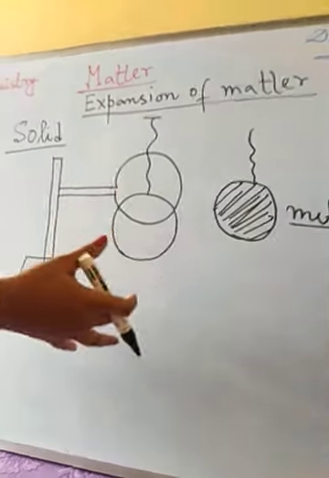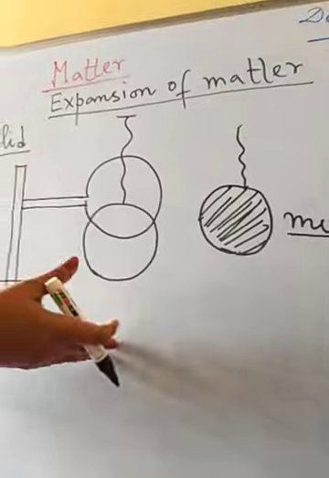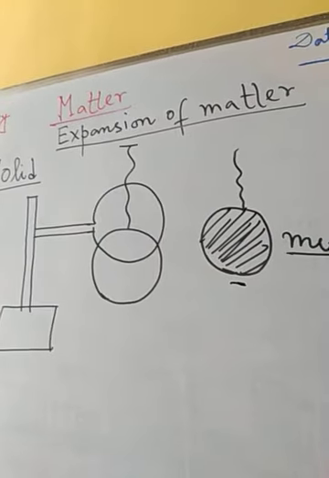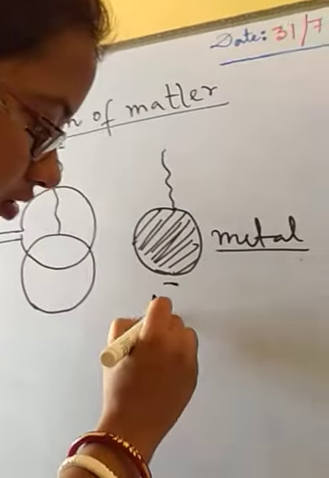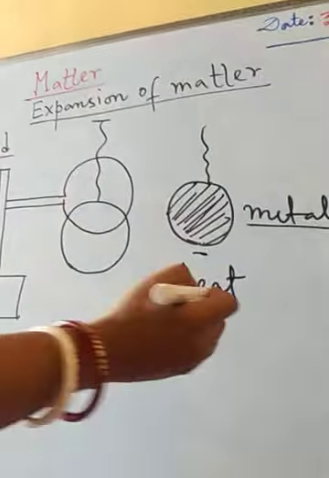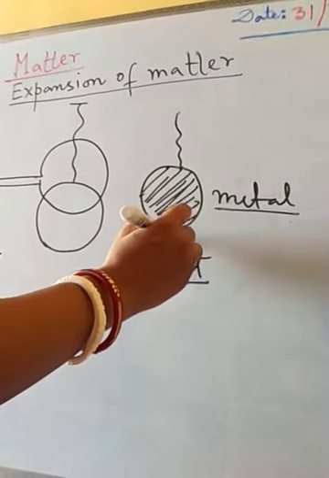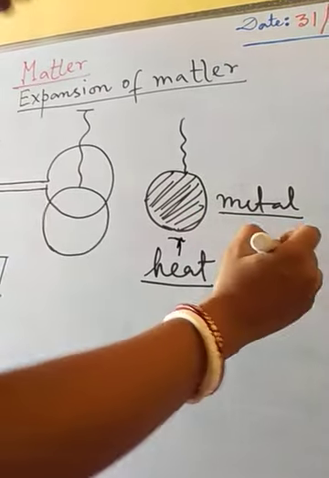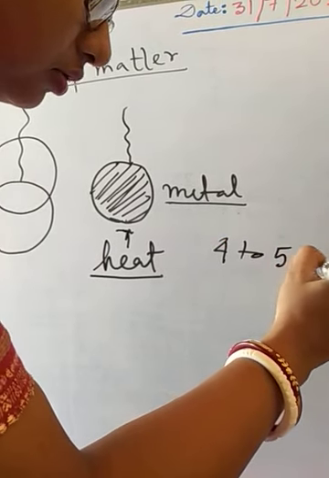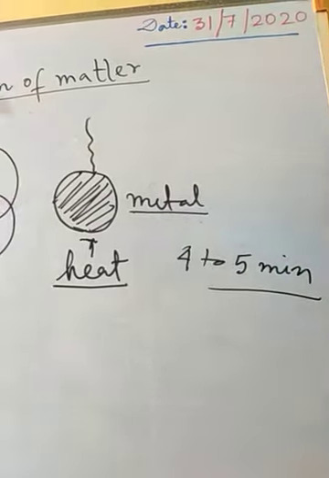Now we have seen that easily we can pass the sphere through this ring. Now we are going to heat this metal. After taking it out, we are going to heat this metal, suppose for 4 to 5 minutes.